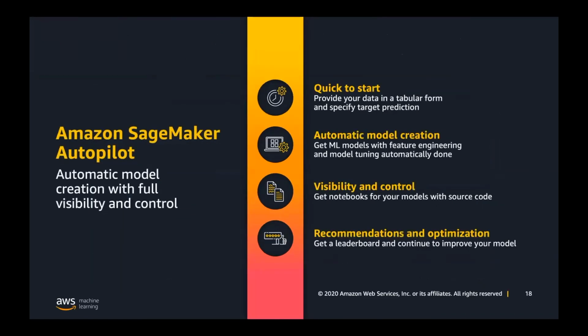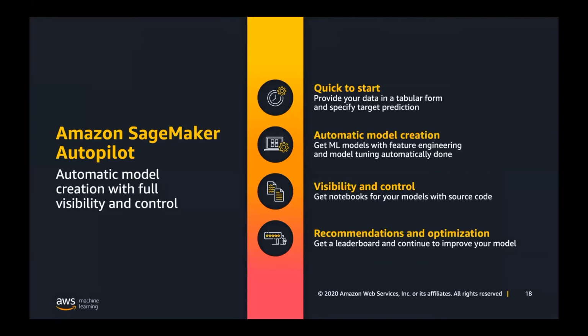One of the capabilities of SageMaker Studio is Autopilot. It's also available in the SageMaker notebook instances, but SageMaker Autopilot is our autonomous capability. The concept is pretty simple. You bring your tabular data sets, and you select the target column for prediction.